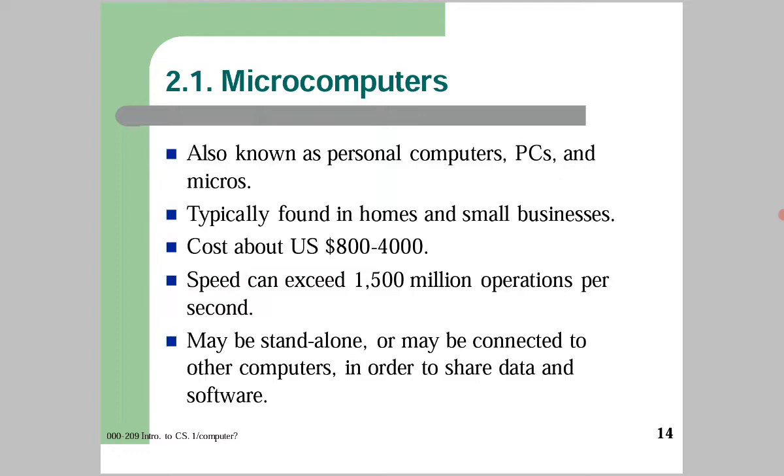So generally the speed of a computer is measured in megahertz or million instructions per second. So 1.5 megahertz. Today we may use different computers with 3, 4, 4.5 megahertz like that. Generally these are standalone computers. What is standalone?